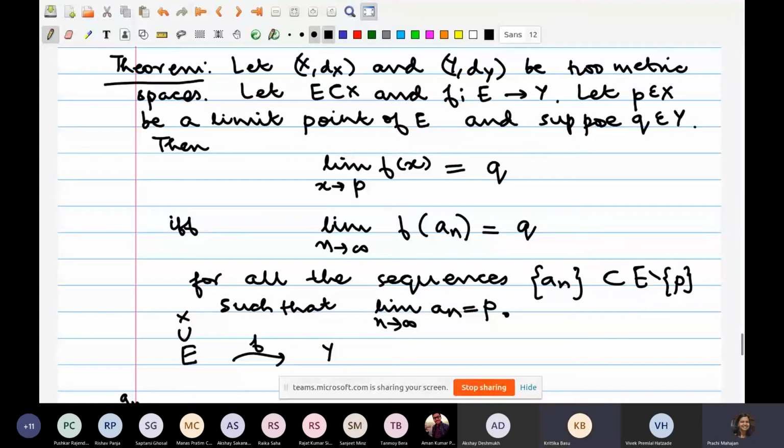Our assumption was that for every sequence an in E minus P converging to P, the corresponding image sequence f of an must converge to Q. Is that okay? All right, good. Is this okay with everybody present here?